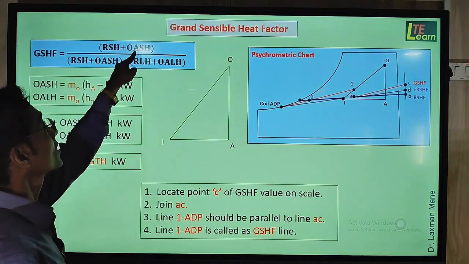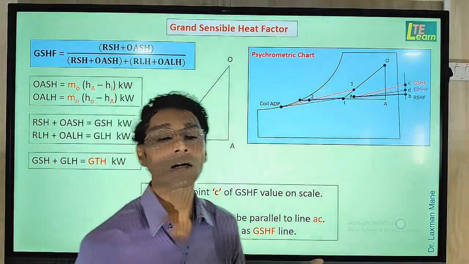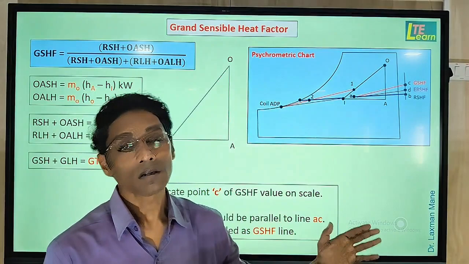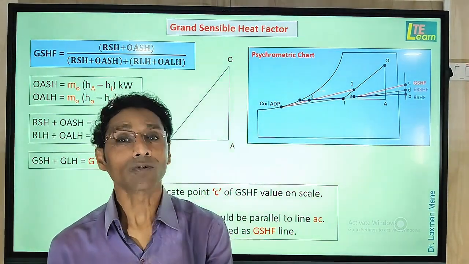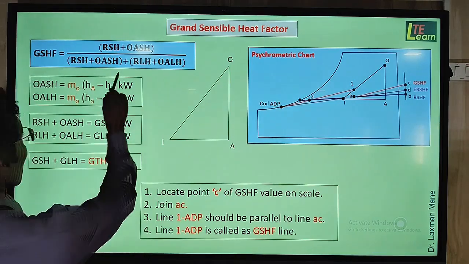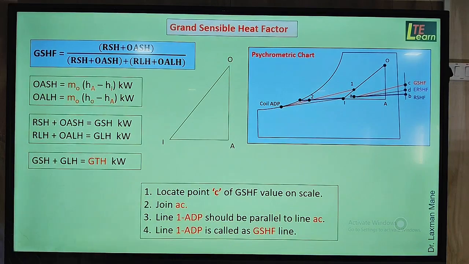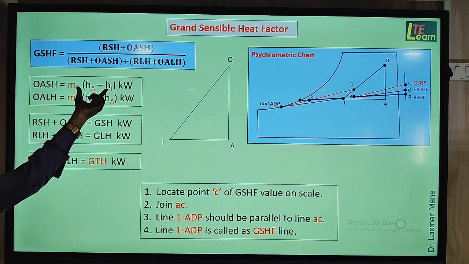These are outside air sensible heat and outside air latent heat, which come from the fresh air from the outside. To calculate OASH and OALH, we use the formula m dot o, the quantity of fresh outside air in kg per second, multiplied by this enthalpy difference.